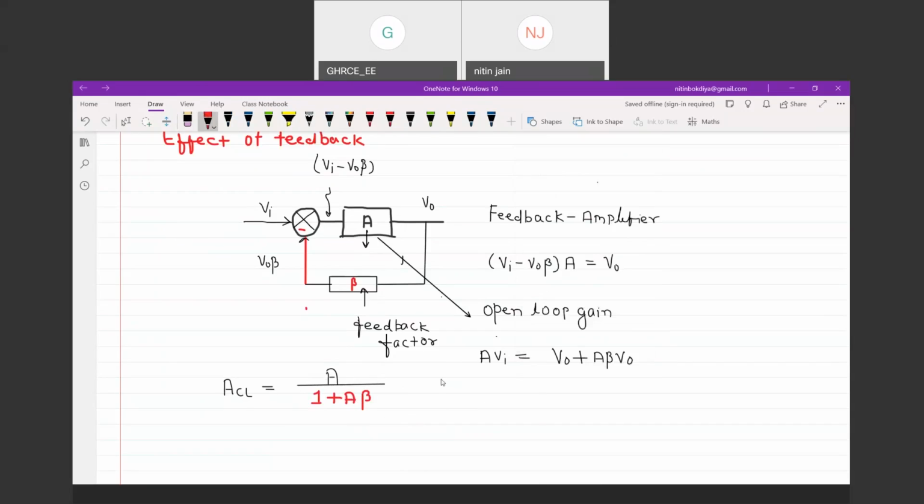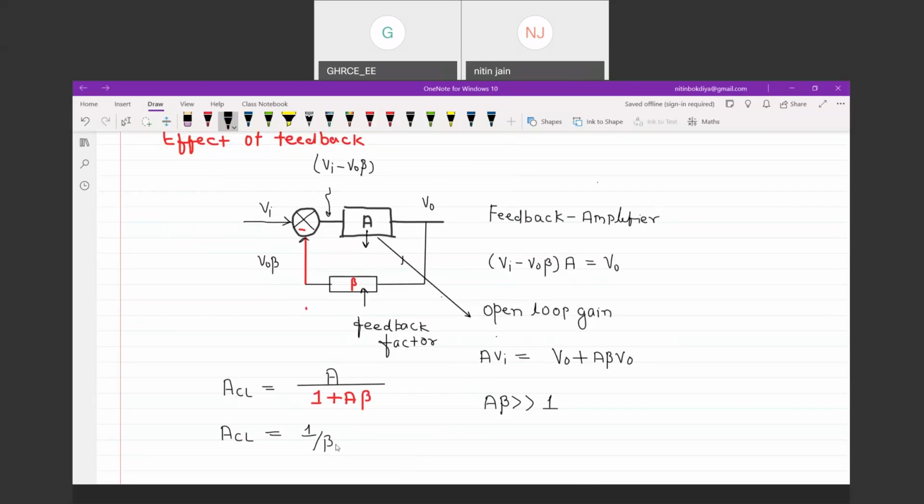And if this number A beta is greater than 1, then the closed loop gain is equivalent to 1 by beta.